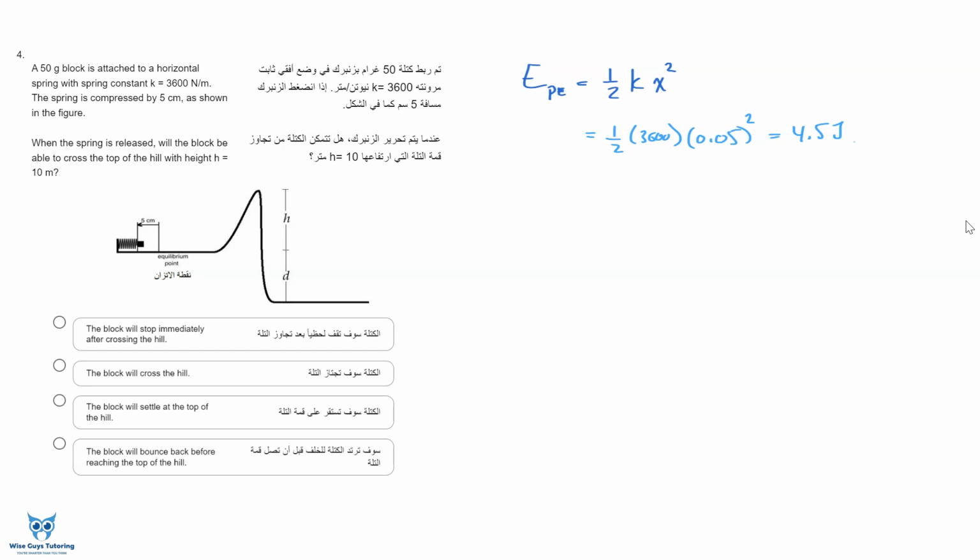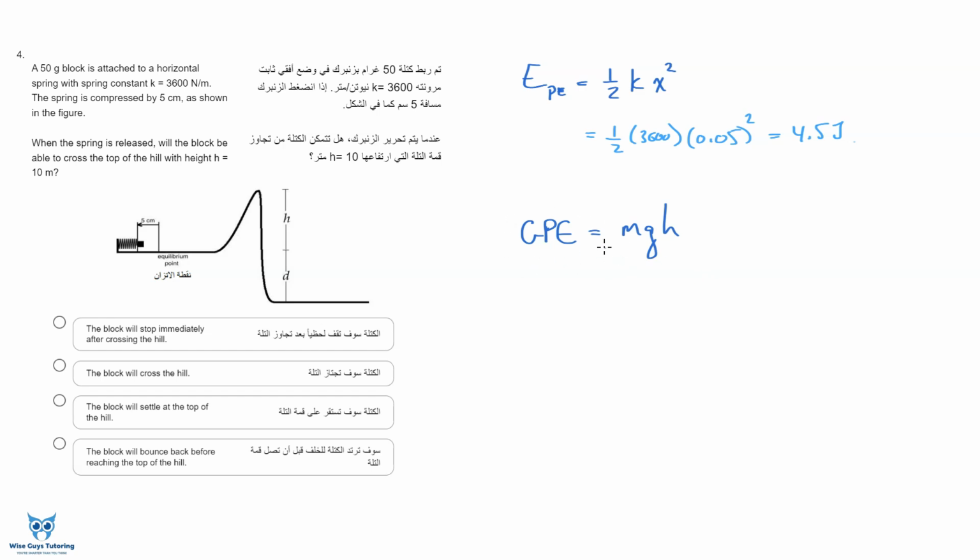Now, a very important law of thermodynamics is that energy can never be created nor destroyed. It can only be transferred or transformed. That means it can only go from one object to another, or it can go from one energy store to another, like elastic potential energy to kinetic energy, which is the energy you have when you are in motion, or to gravitational potential energy, which is the energy an object has due to its position in a field.